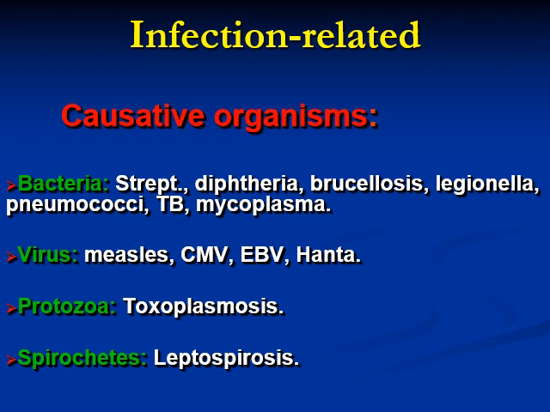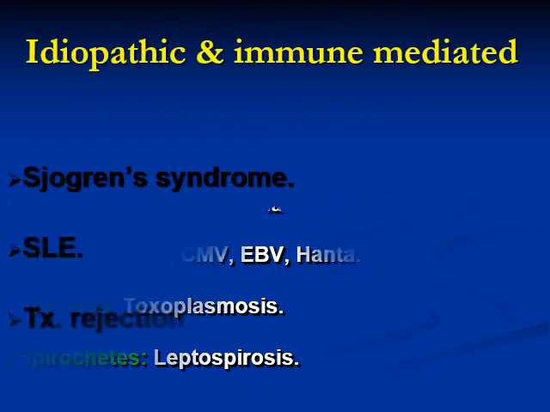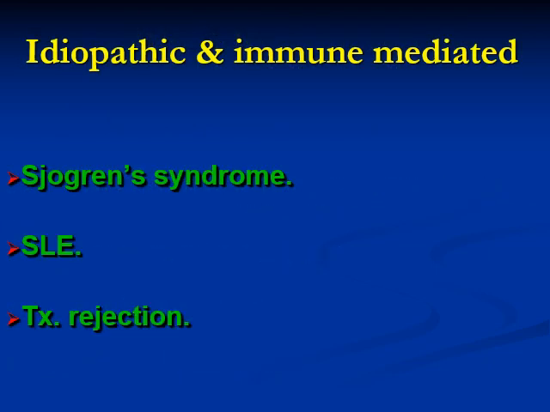It's mainly a cell-mediated immune response, and to a much lesser extent a humoral reaction. Less commonly, acute interstitial nephritis might be idiopathic or immune-mediated, such as in Sjogren's syndrome, in systemic lupus erythematosus, and in transplant rejection.